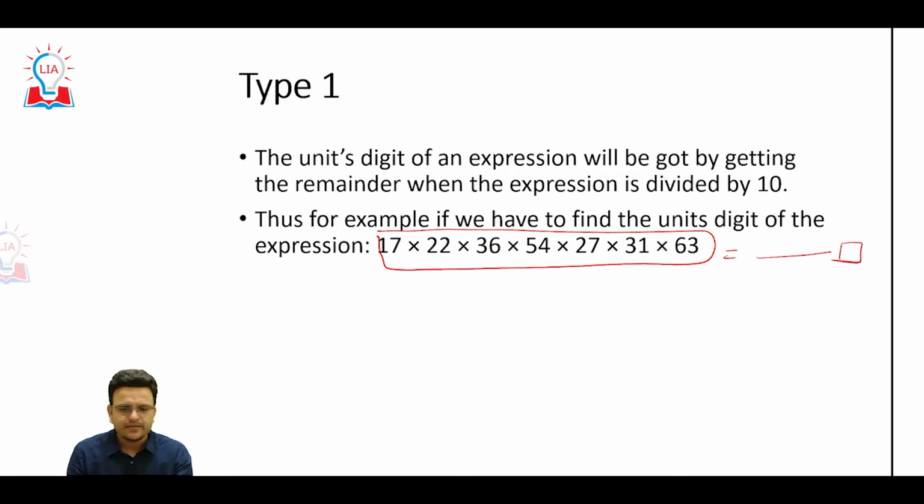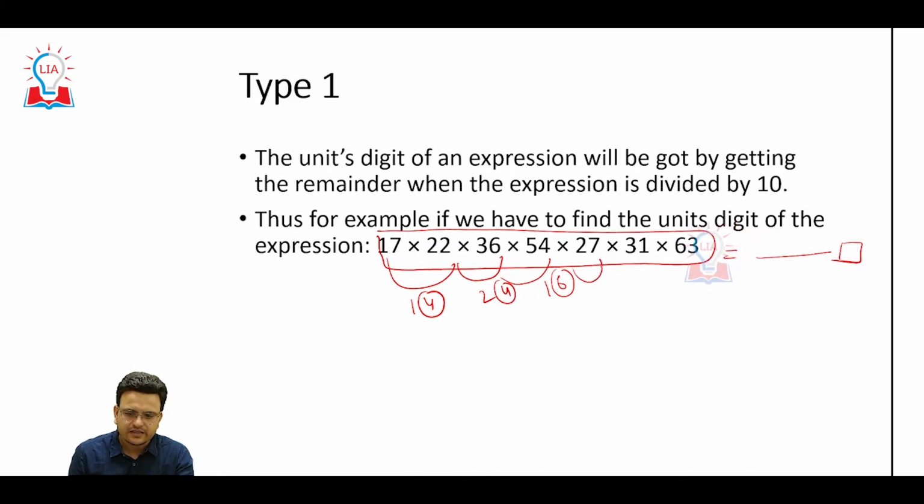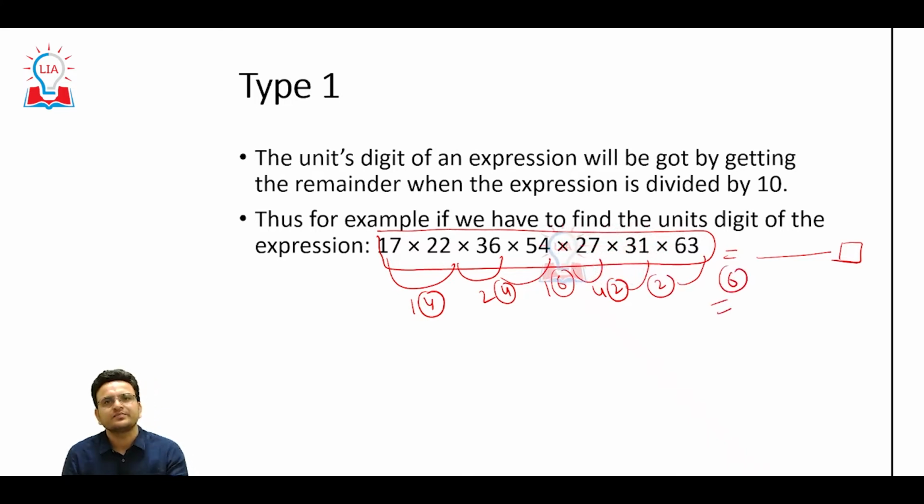Here simply 7 times 4 is 28, just take 8... Simply take the unit digits: 4 6s are 24, again take 4; 4 4s are 16, again 6; 6 7s are 42, again 2; 2 1s are 2, and 2 3s are 6. The unit place will be 6. This type of question is very easy. I will give one question, try to solve it.